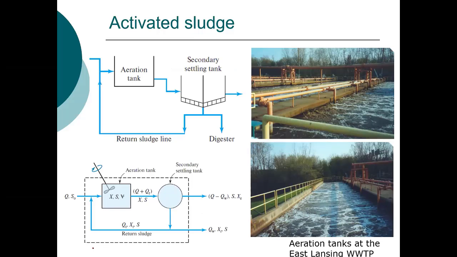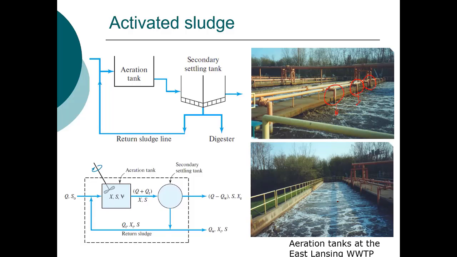So these are the aeration tanks at the East Lansing wastewater treatment plant. They're deep. These are the oxygen diffusers. So you're adding typically air in these diffusers. You're aerating the system.